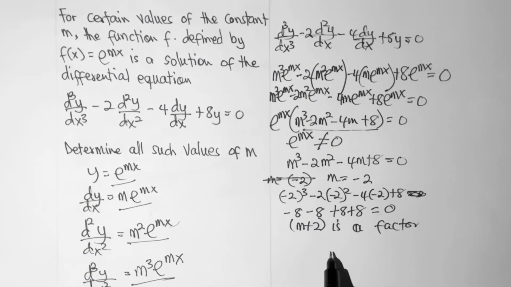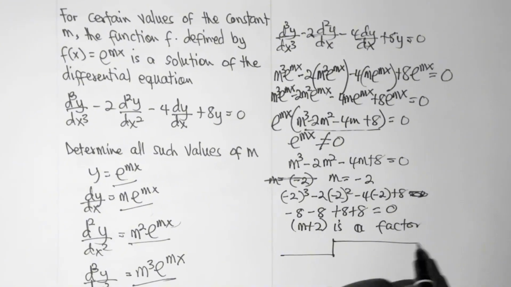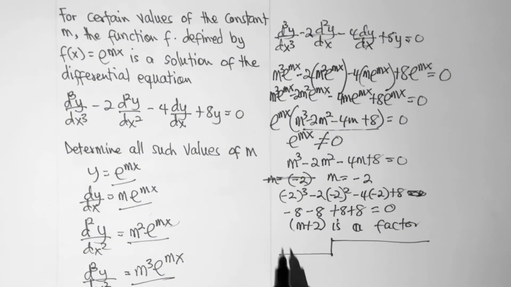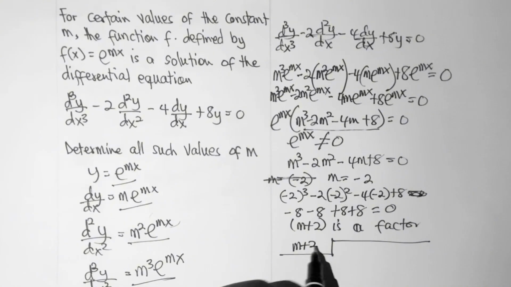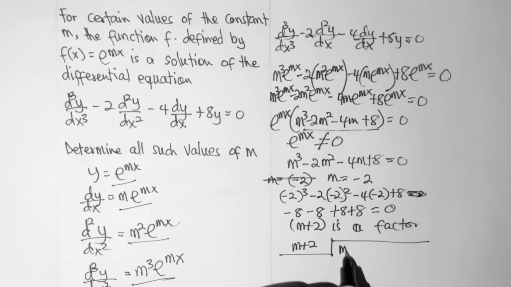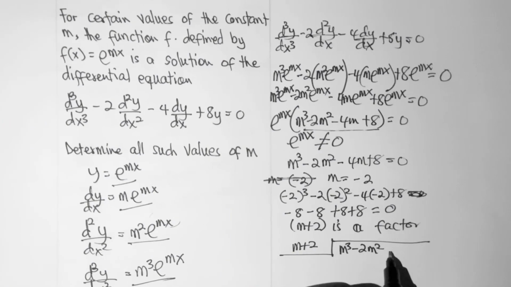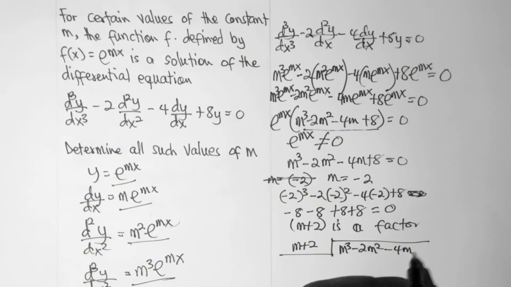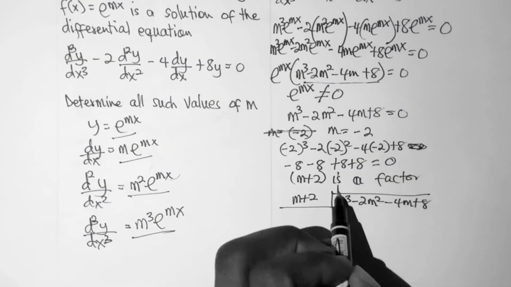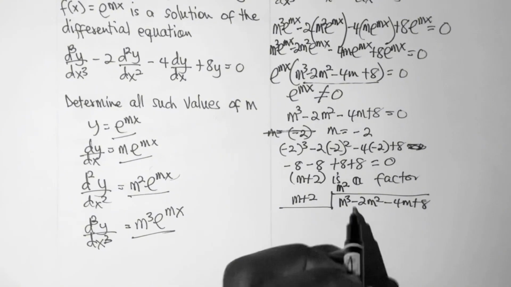So since it's a factor, what we can do is divide. So here will be m plus 2, and here is m cubed minus 2m squared, then minus 4m plus 8. If we multiply m squared by m, we get m cubed.